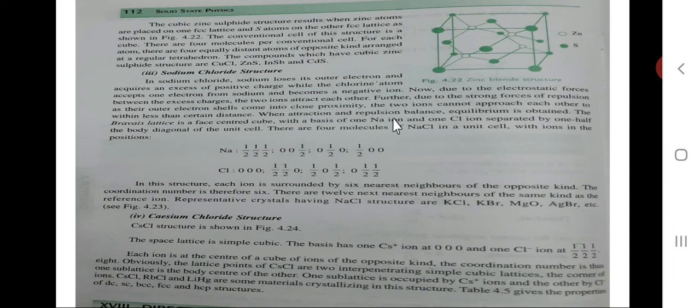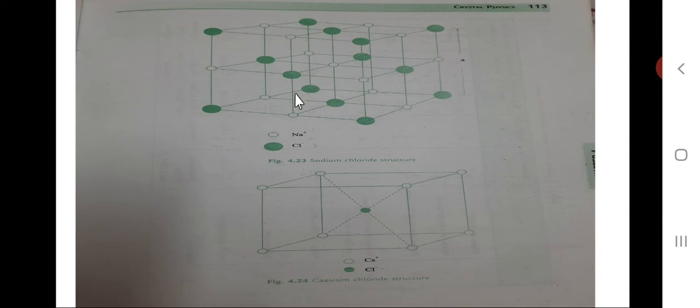Now next is sodium chloride structure. In sodium chloride, sodium loses its outer electron and acquires an excess of positive charge, while the chlorine atom accepts one electron from sodium and becomes a negative ion.